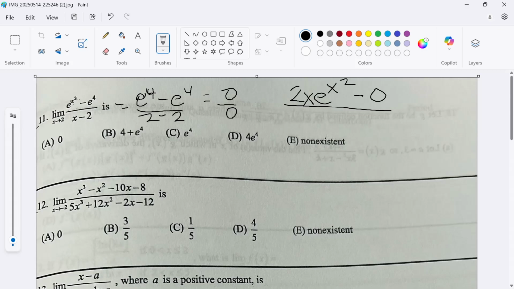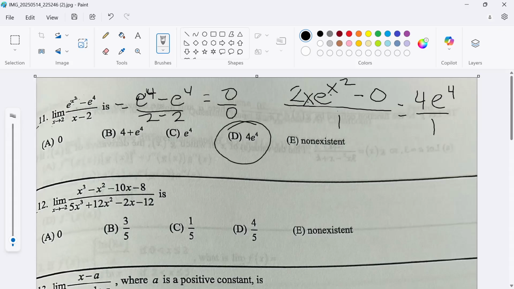Derivative of x is 1, divided by 1. And now it says as x goes to 2. Well, L'Hopital's rule: first take the derivative of the numerator and denominator, and then try plugging in the number for the limit. So this is 2 times 2, which is 4, times e to the 2 squared, which is 4, divided by 1: 4e to the 4th.